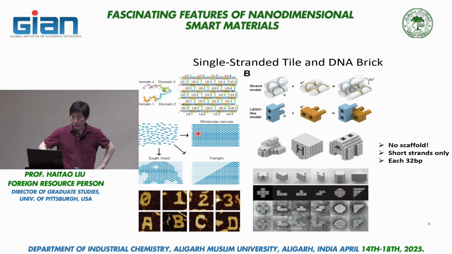So about 10 years ago, there was another approach reported. This is called the single-stranded tile approach. And it's also referred to as DNA brick. It all depends on the context you're using this approach. Now, this approach has the most significant feature of not using a scaffold. So in this case, all the structures are produced by using a mixture of short DNA strands.